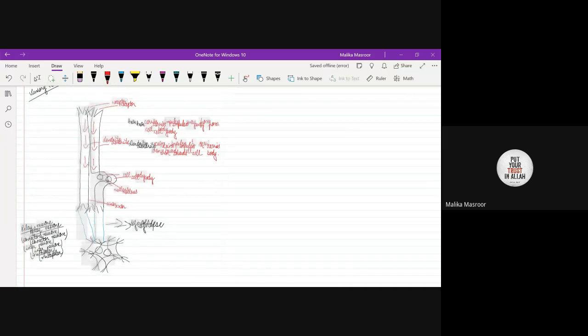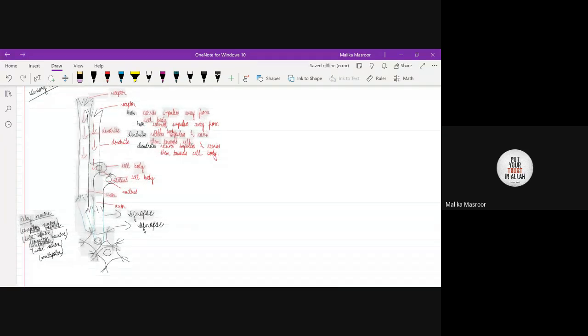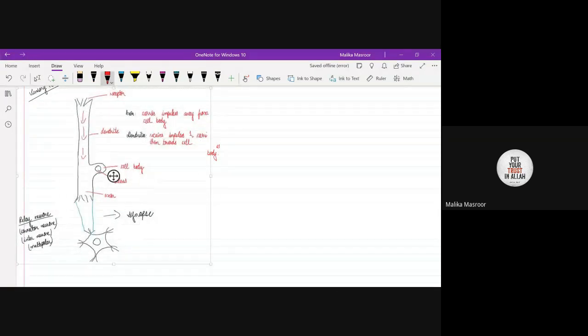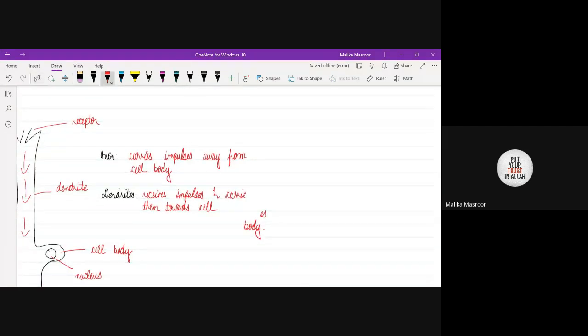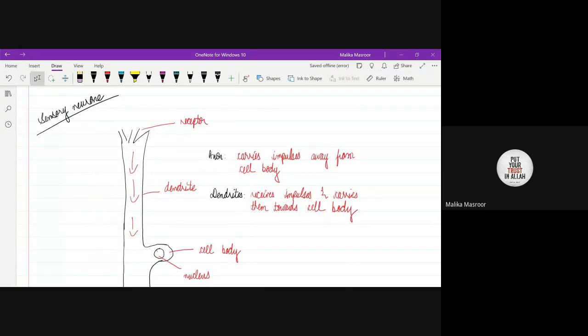Dendrites receive impulses and carry them towards the cell body. Let's say the receptor is here.